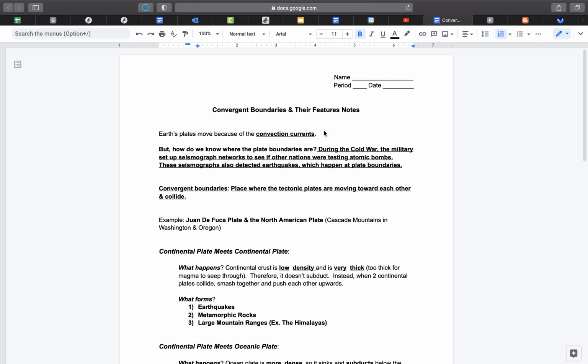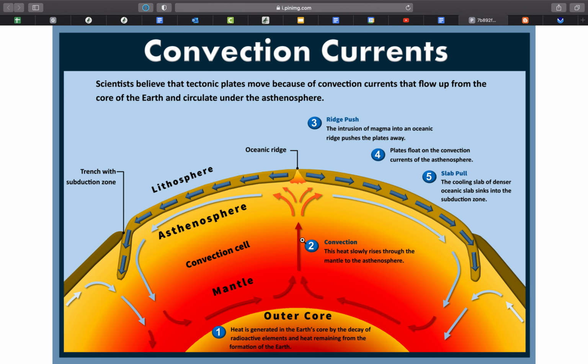What moves any of the world's plates and powers them? The thing that Alfred Wegener was kind of unaware of when he came up with the continental drift theory is convection currents. Remember, this is the circulation of material in the asthenosphere due to heat in the inner and outer core, circulating through that plastic, flexible, silly putty-like material.